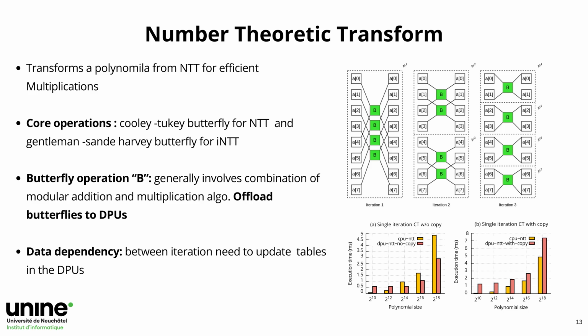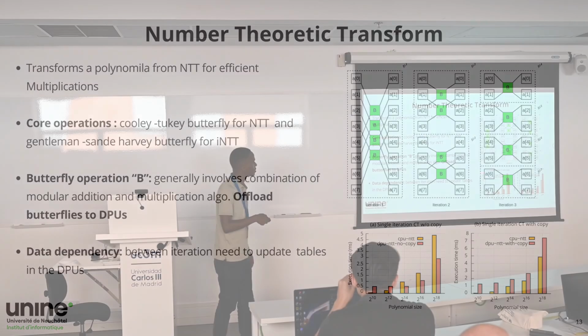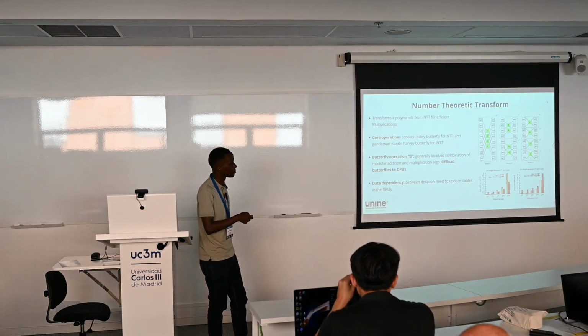B stands for butterfly operation, and the main issue we have is that between operations we have data dependencies, so we can see from our results for this transform that we need copies. We need to update the tables between iterations. And it's not ideal for UPMEM PIM in general.